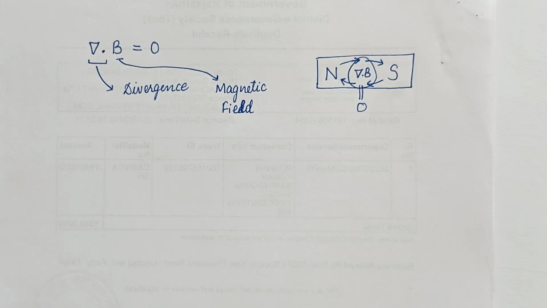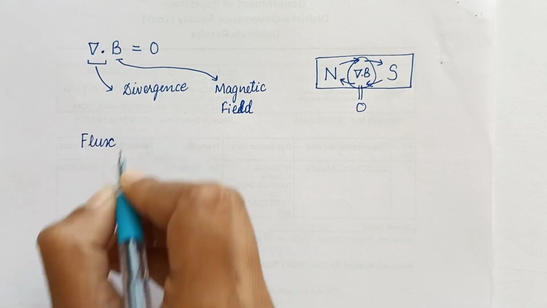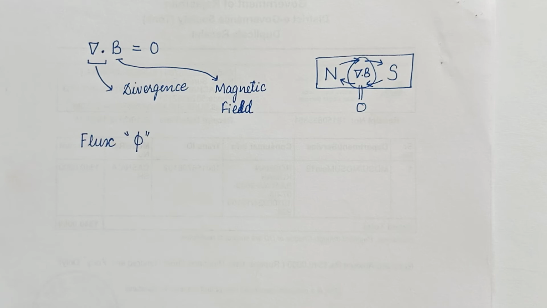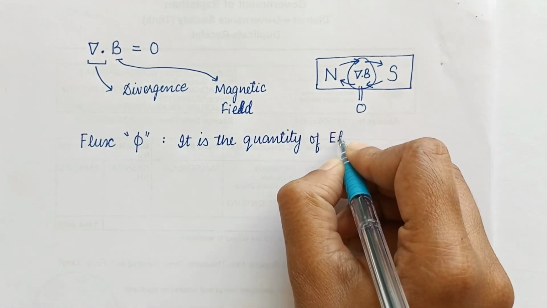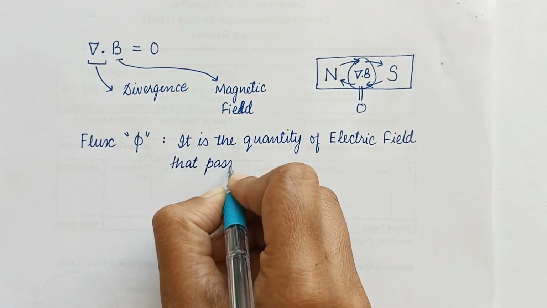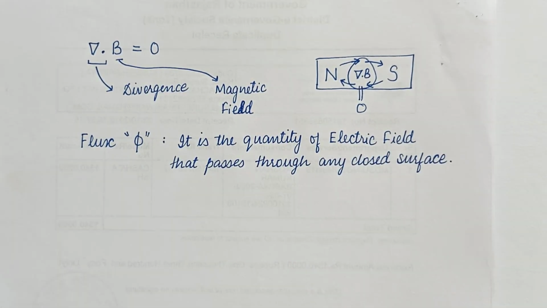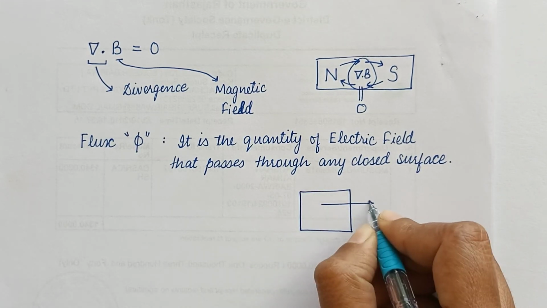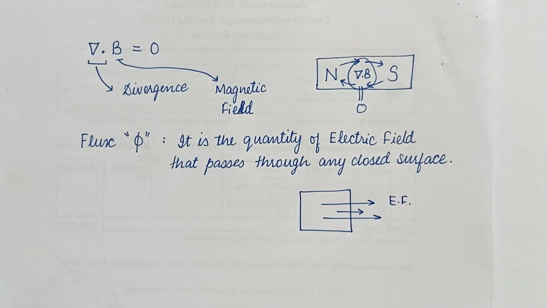One more thing that you need to recall again is flux. It is represented by phi. It is the quantity of electric field lines that pass through any closed surface. Means if we have a closed surface, the quantity of electric field lines passing through it is given by the flux.